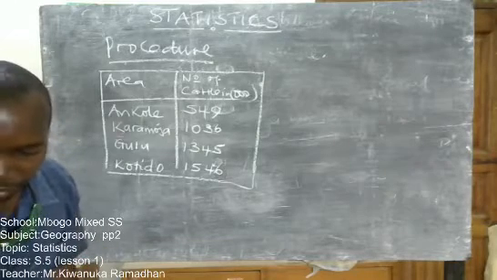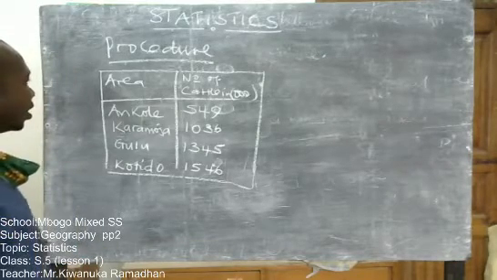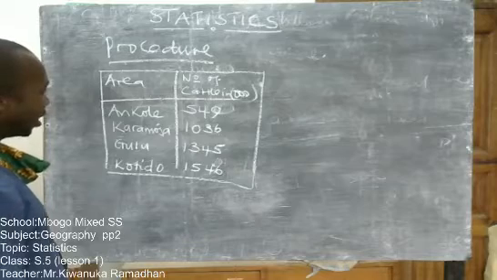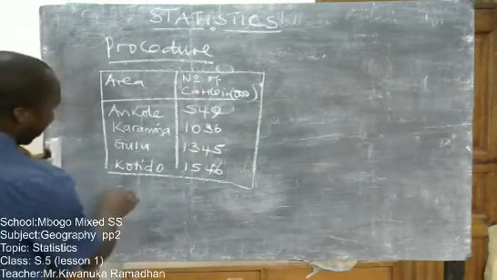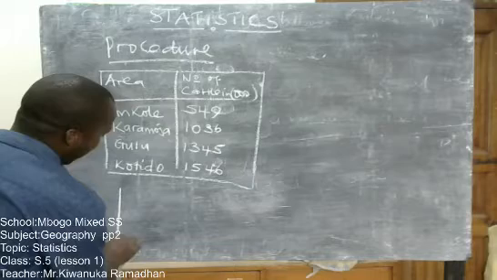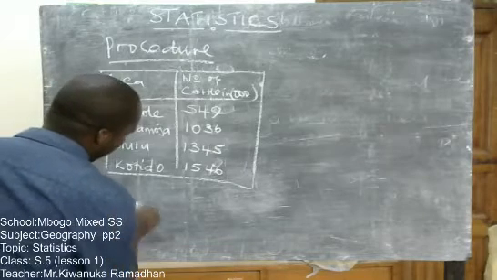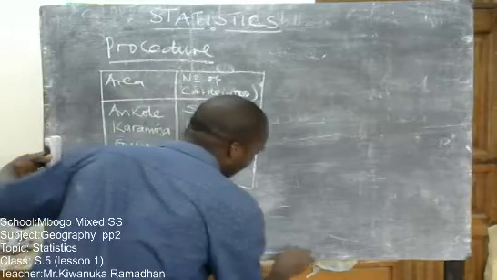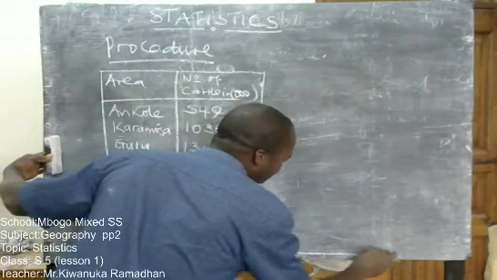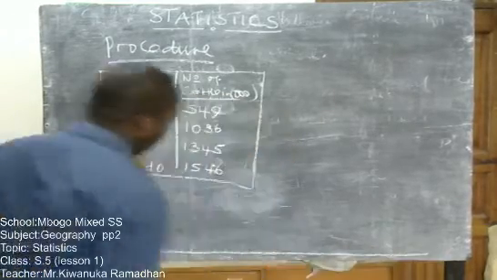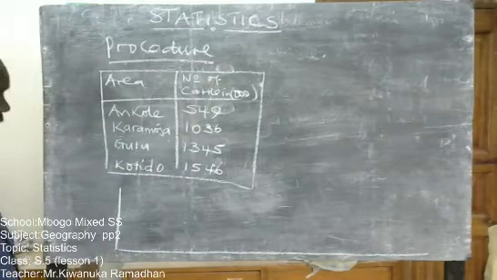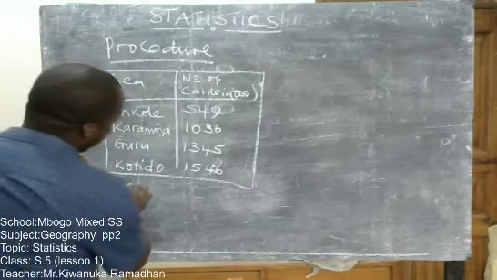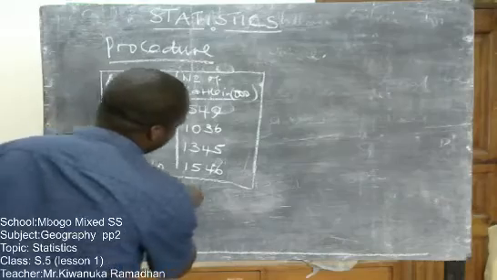We want to construct a simple divided rectangle, and this rectangle is going to appear like a real rectangle. We shall draw a rectangle like this.